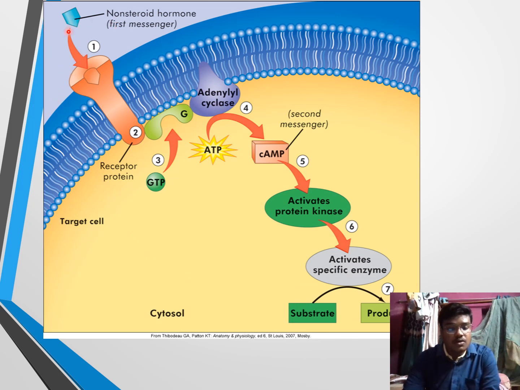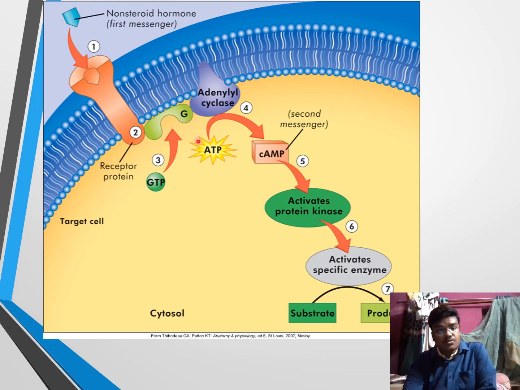When the non-steroid hormone or peptide hormone binds with a GPCR molecule, that is one kind of peptide hormone receptor, the GPCR gets activated. The G protein coupled receptor activates its associated G protein, that is guanine nucleotide binding protein. When the G protein is bound with GDP it is inactive, and when it is bound with GTP it is activated.